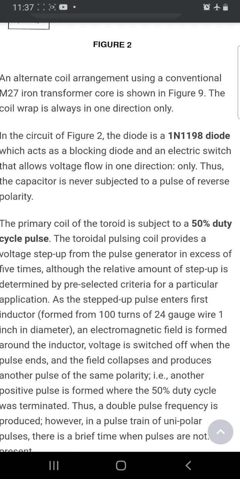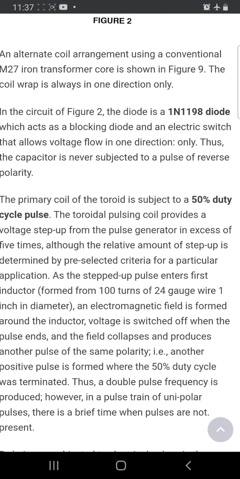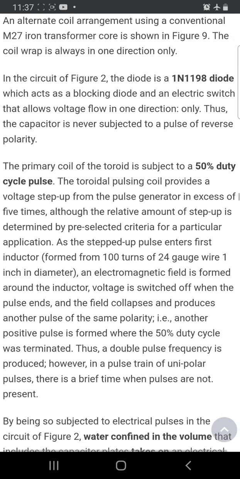Here we go. The primary coil of the toroid is subject to a 50% duty cycle. Provides a voltage step up. This is describing an example in this patent, and it's pretty detailed. It tells you what kind of diode to use.